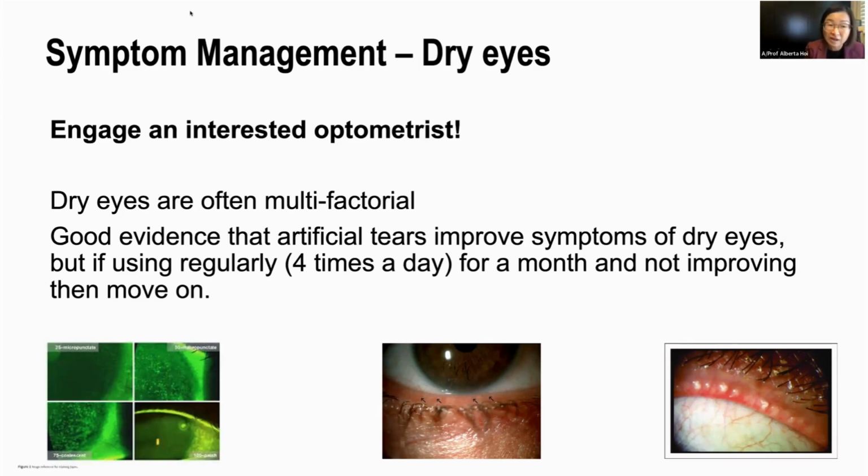So, regardless of whether you have a definite diagnosis of Sjogren's, a lot of the treatments are more about managing the symptoms. So I want to spend a bit of time talking about some of the management approach that we have with the different components.